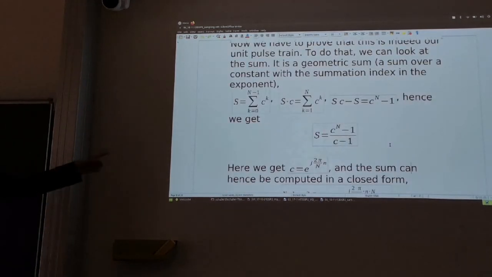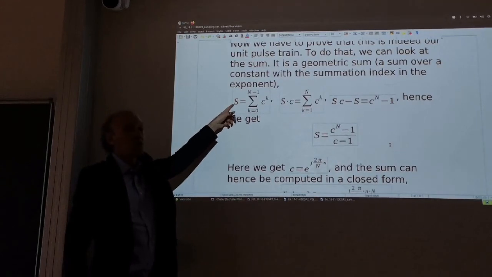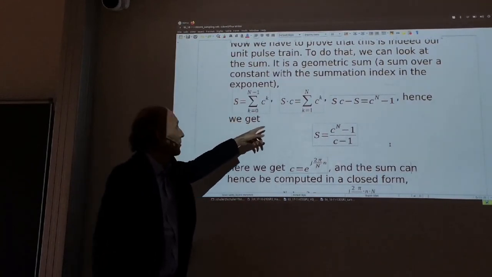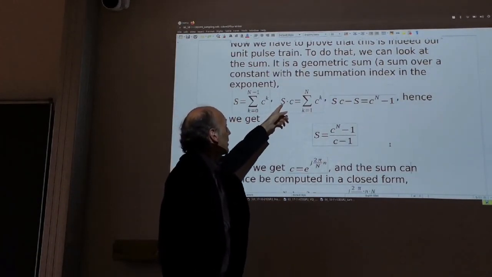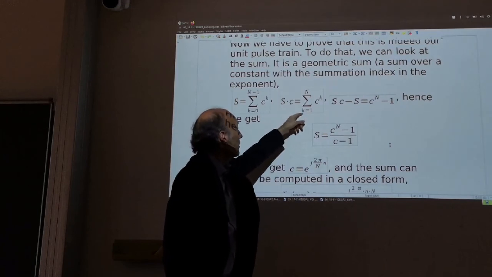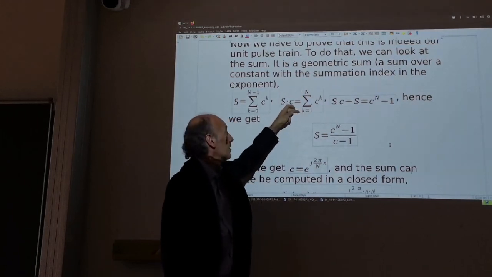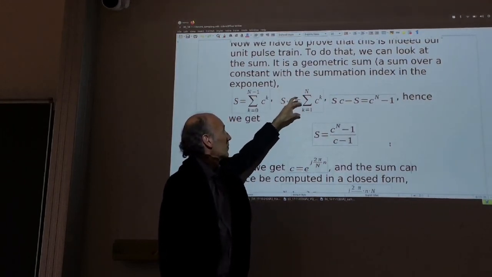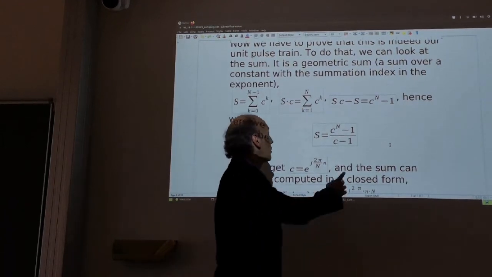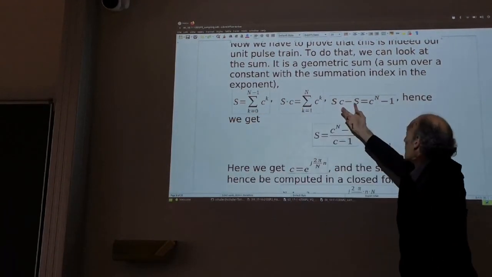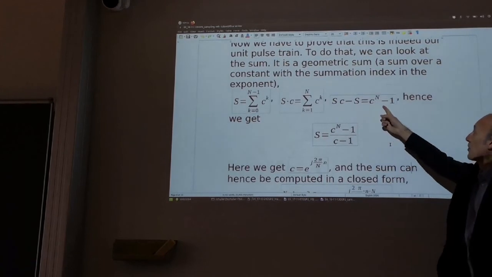Yeah, if we have such a sum, we can get a closed form solution, as you can see here. We just write the sum multiplied with c, and the result is just a shifted index here for the sum. And that means if we compute the difference, we just keep the last and the first entry.